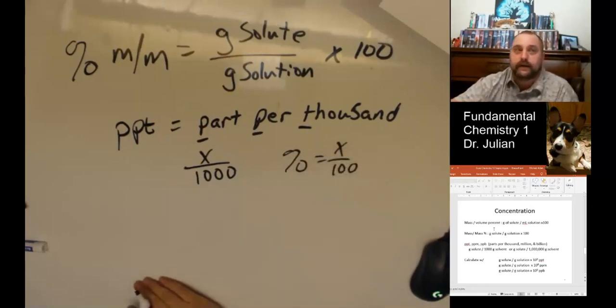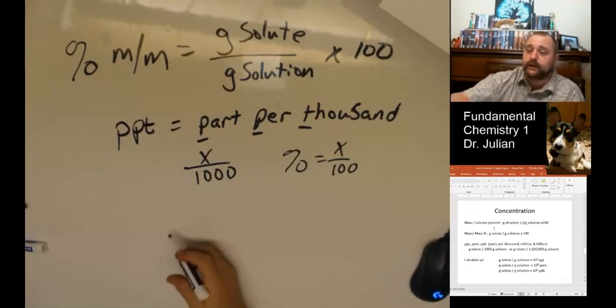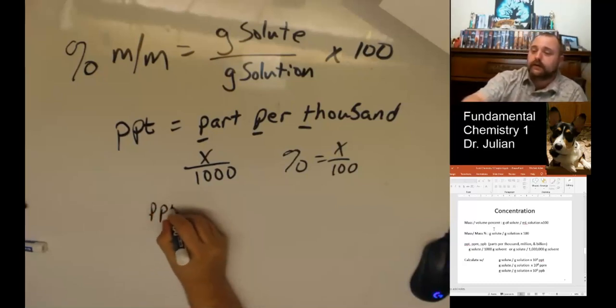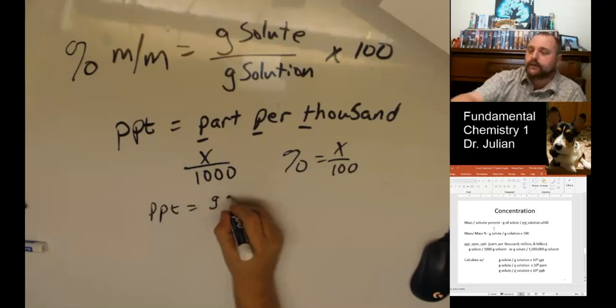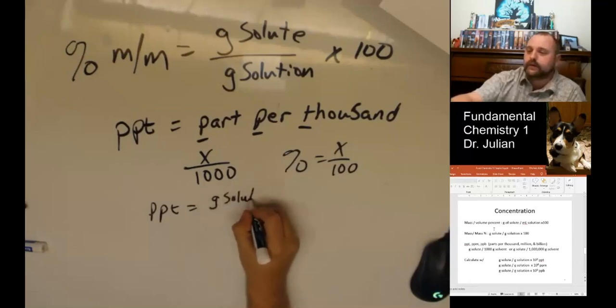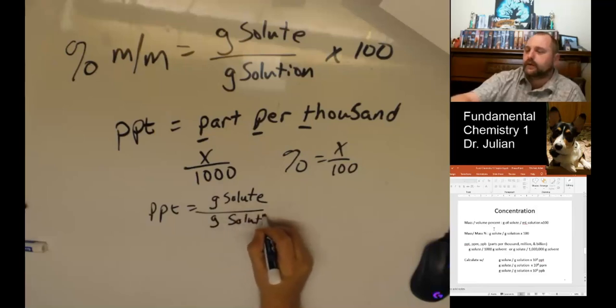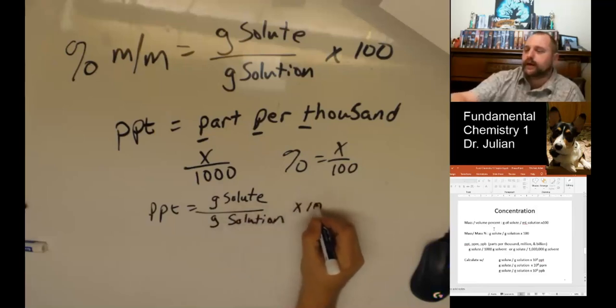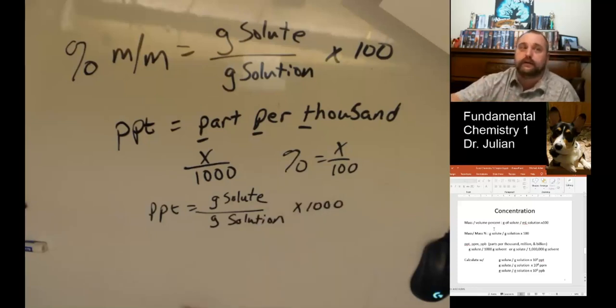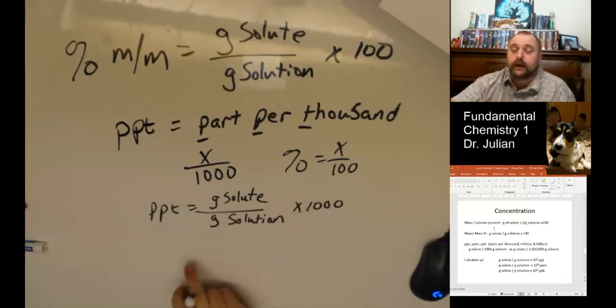So it's the same idea as the percent. So for PPT, you'll take grams of solute over grams of solution, and then we'll multiply it by 1,000 instead of by 100. And this gives us a little more scary number.